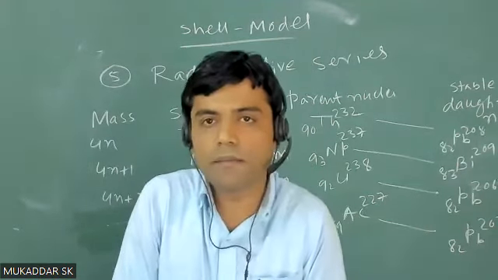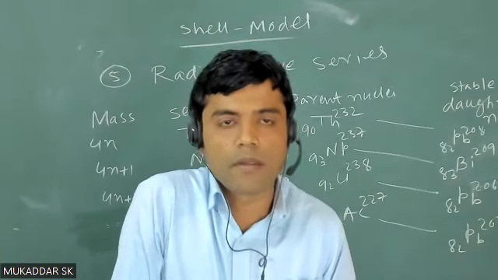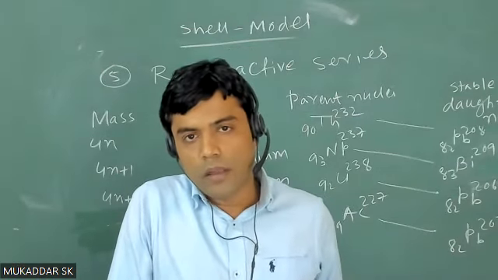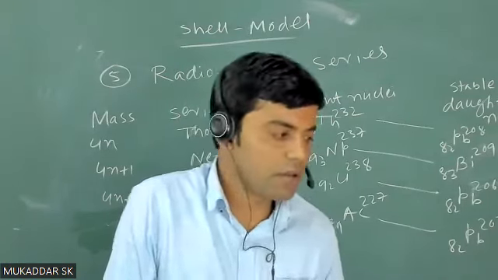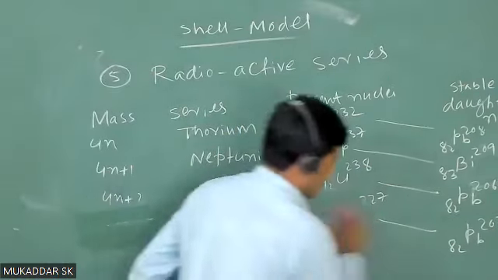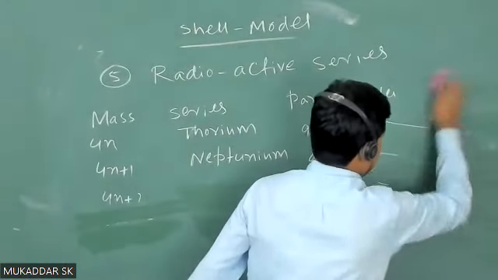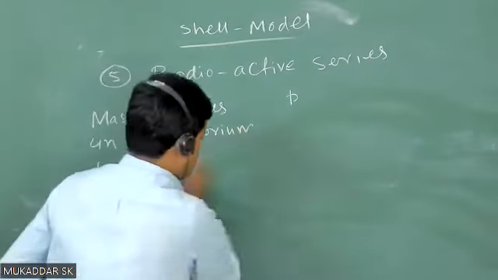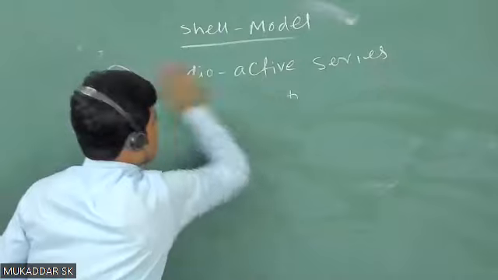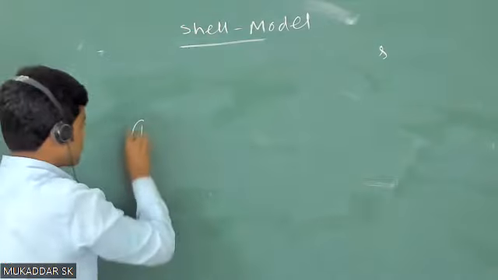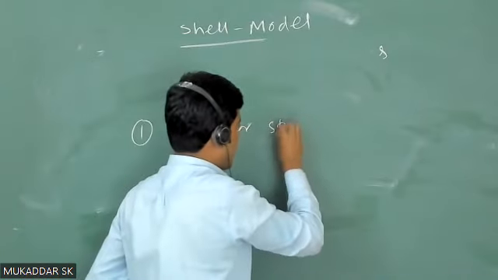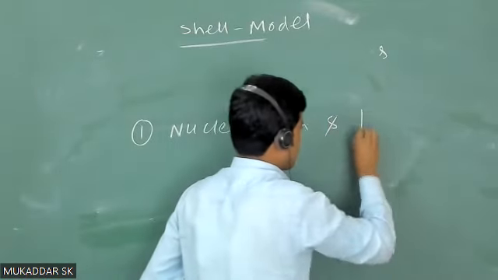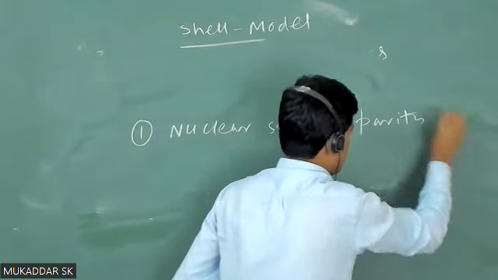If the nucleus is having shell structure, then it should describe first nuclear spin and parity.